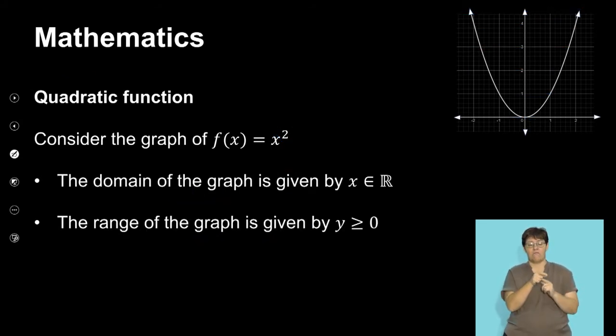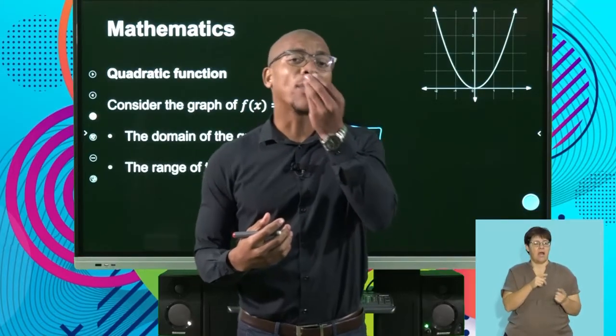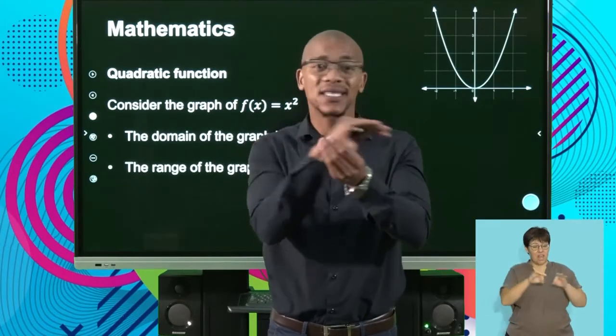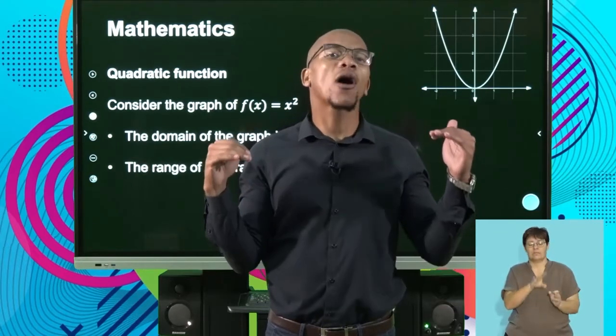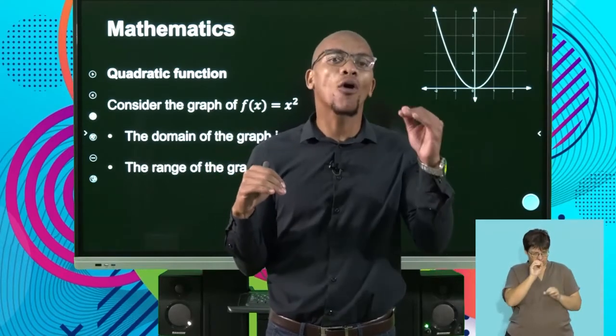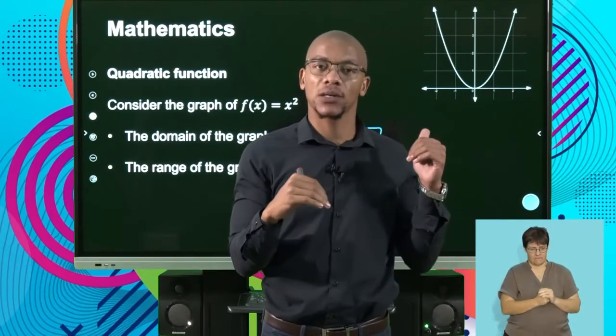Now, the domain of the graph is normally given by x is an element of real numbers. Why I'm saying this is because the x squared makes it a point that all the x values that are on a number line, because they are real values, they are all defined, they are all valid on this particular graph, right?